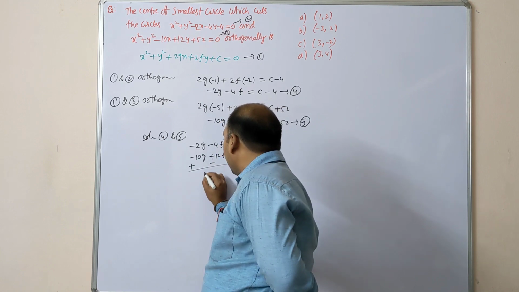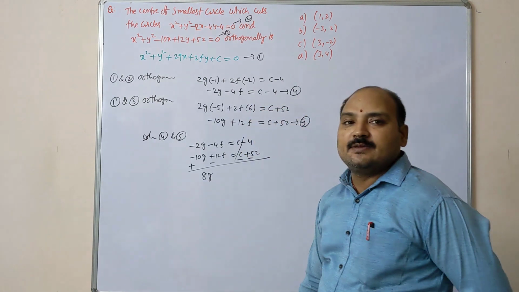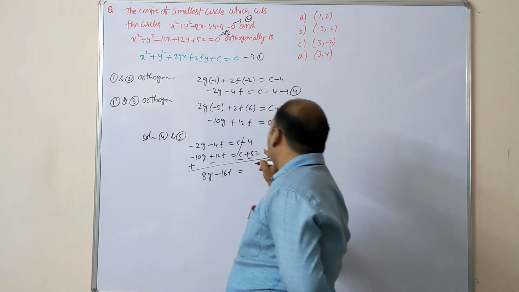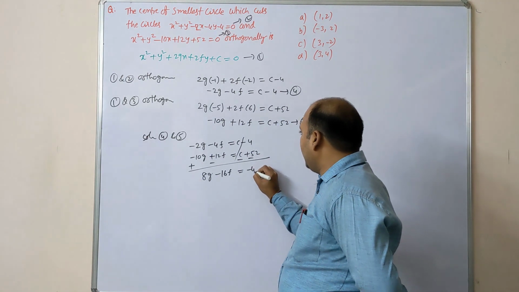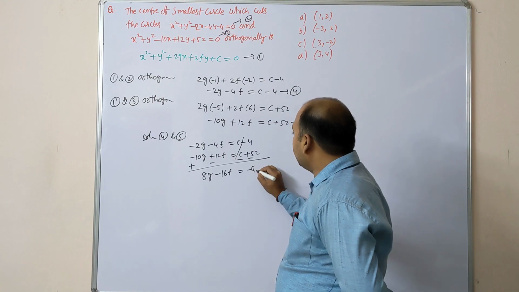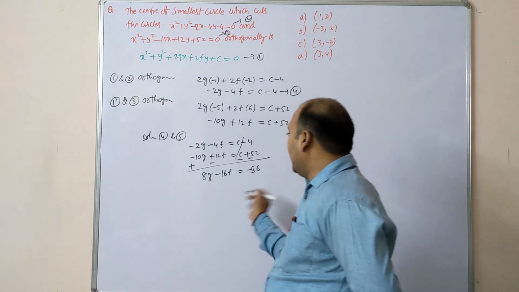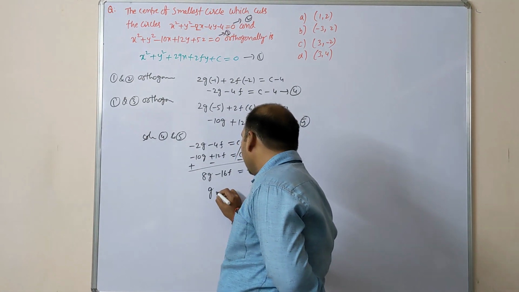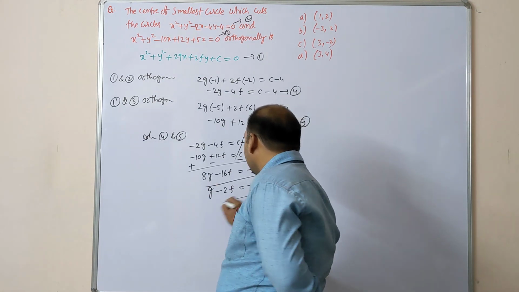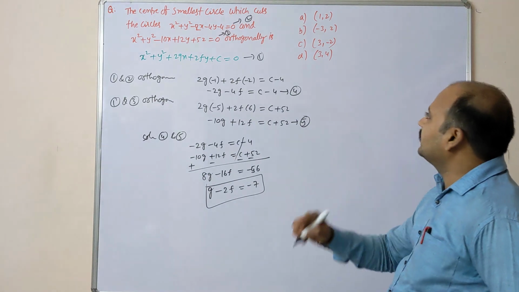These two will be cancelled. 8g, 10g minus 2g, minus 16f, minus 52 is minus 48. Sorry, here also minus now, minus 56 will be. So 8g minus 2f minus 7. So we got this equation.